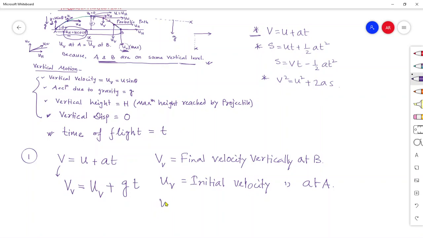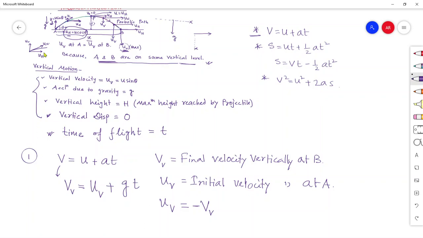So you can put a minus sign here. If you consider one to be positive, the other has to be negative.